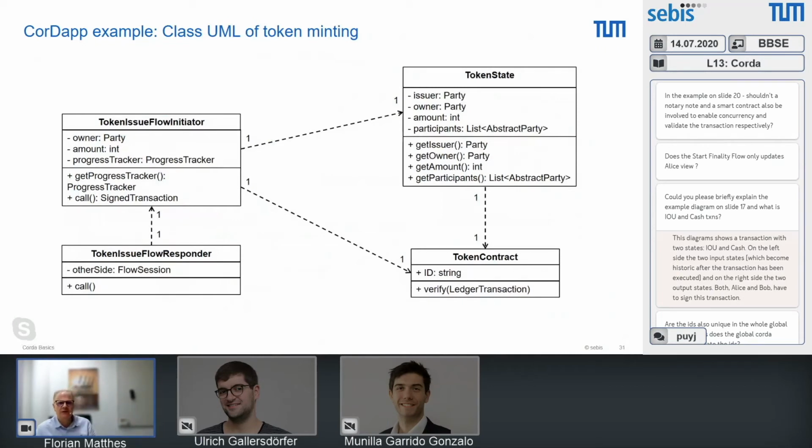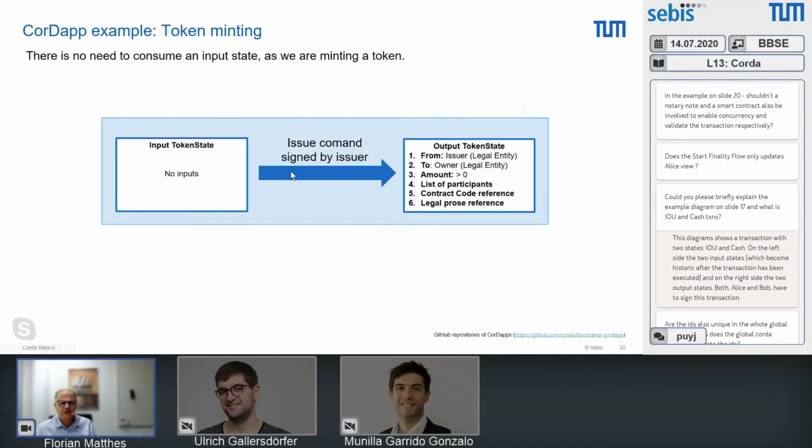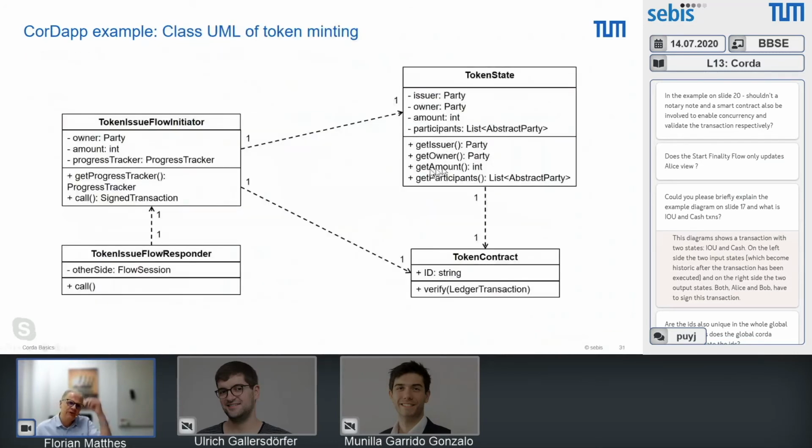You have these objects, and you first have to define a token state, an output token state. You have to define a token issue flow initiator and a token issue flow responder object, which all refer to token state objects with getIssuer, getOwner, getAmount, getParticipants methods, which are defined by the framework.